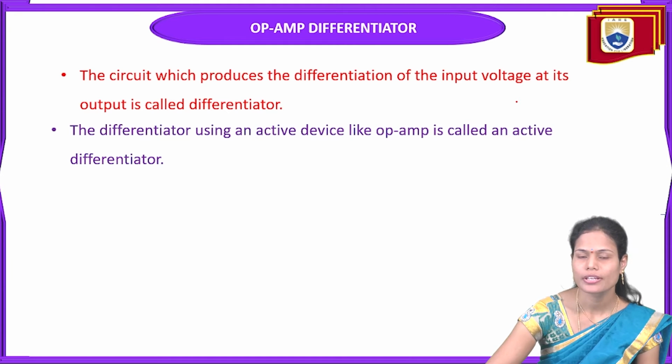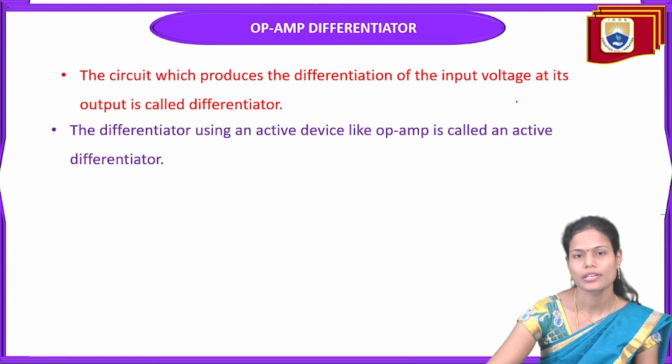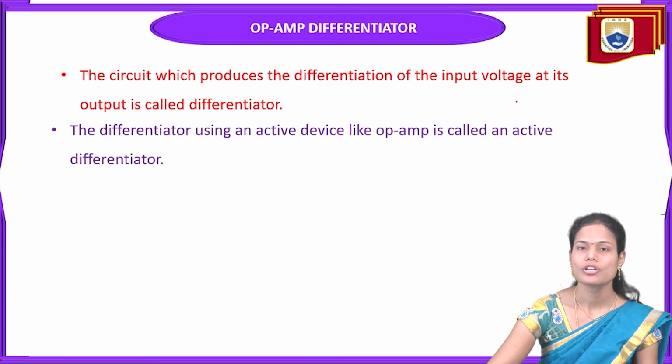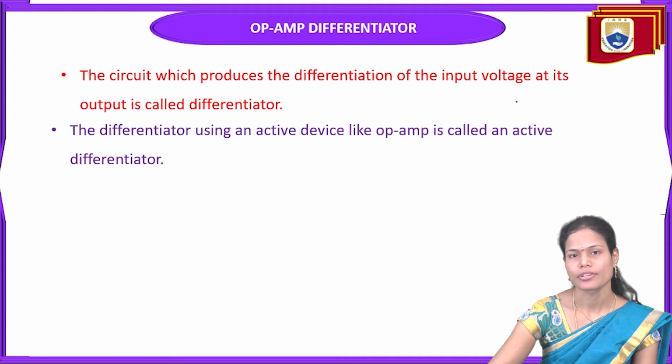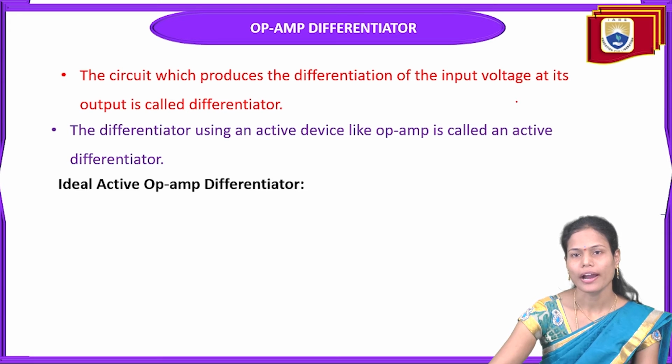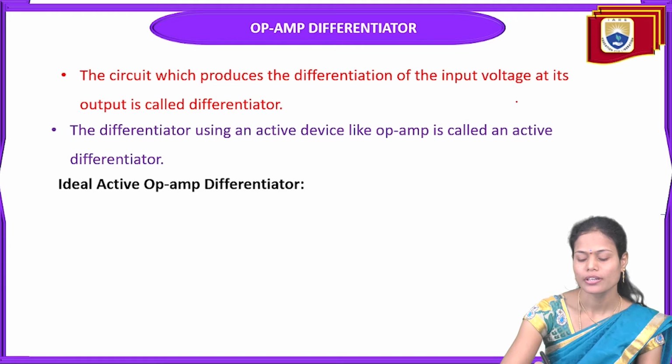If we design the differentiator circuit by utilizing the operational amplifier, we call it the active op-amp differentiator or active differentiator. Now we will see the ideal active op-amp differentiator. Before going to that, generally by using RC elements also we can design the differentiator.